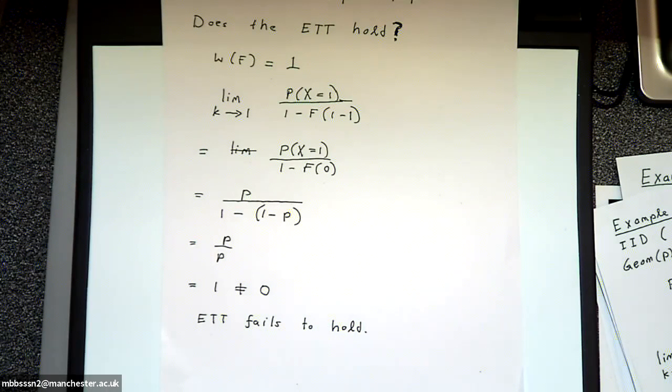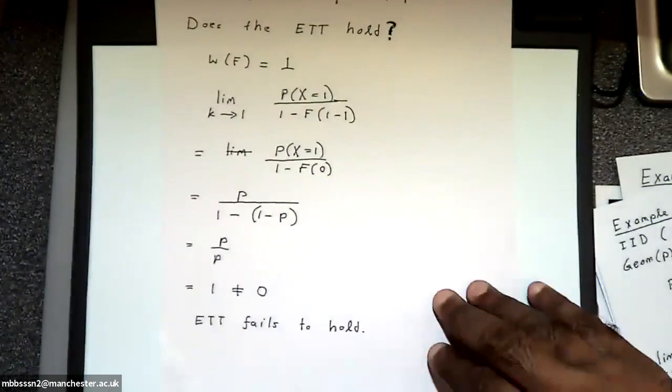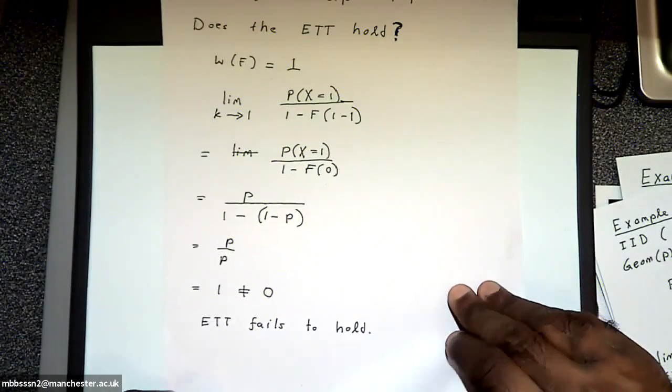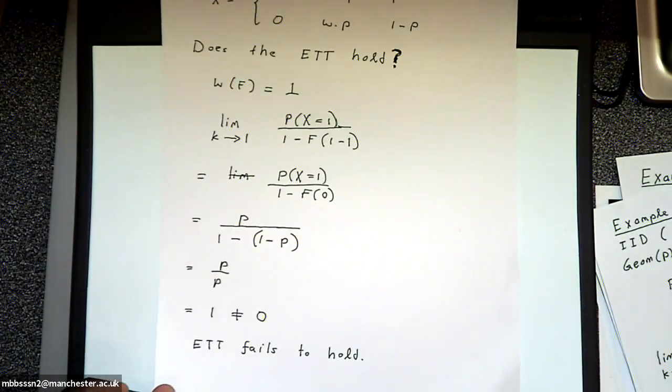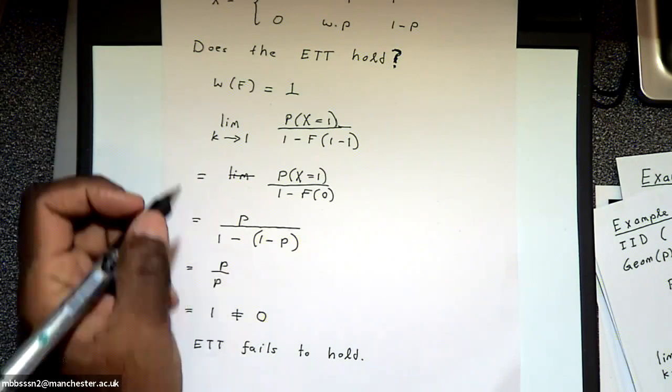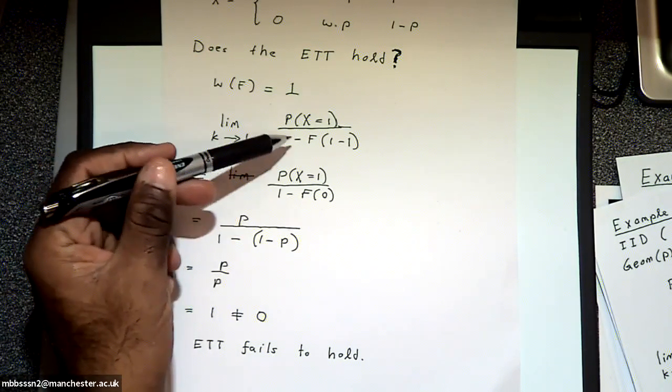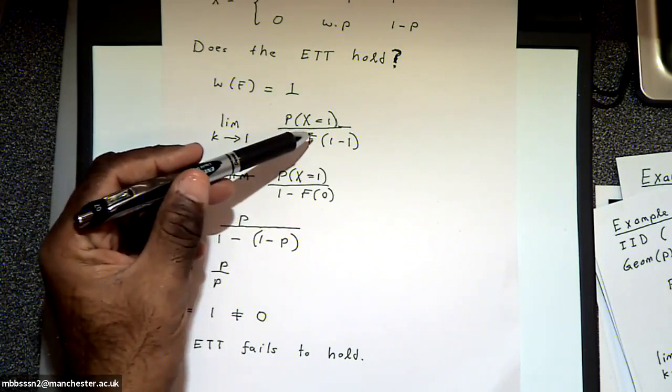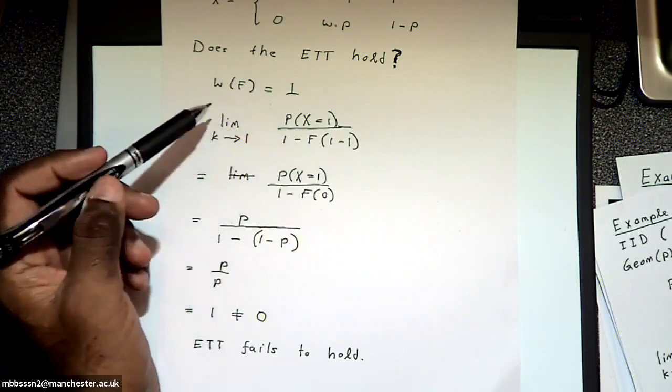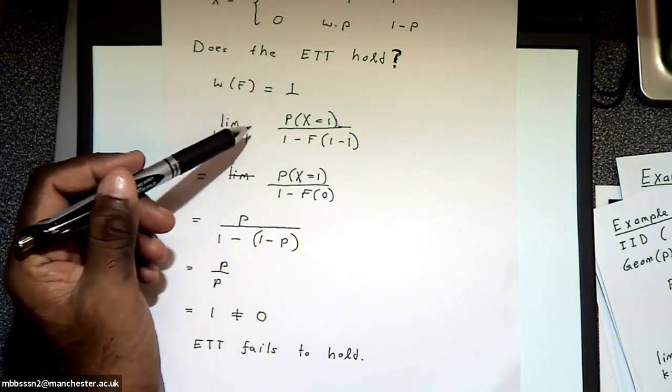Is this clear to all of you? Any questions, guys? Basically you're working this out at k equal to 1 because your W of F is 1.